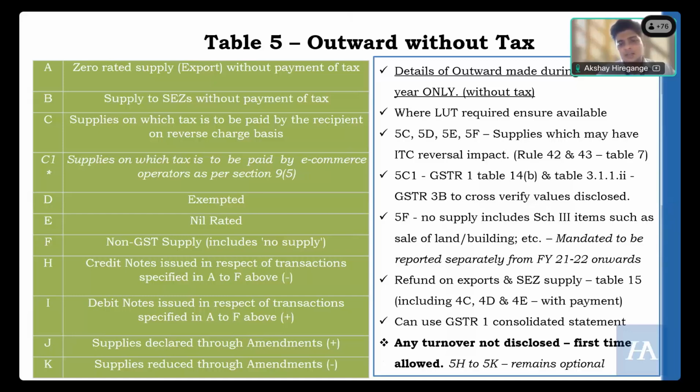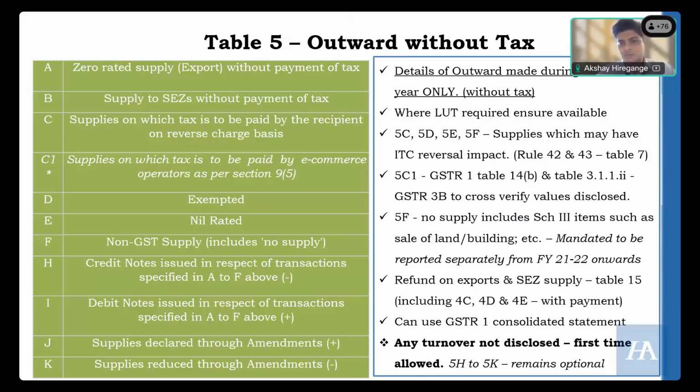So this includes those goods which are kept outside the purview of GST, such as alcohol, therefore, if you are including these transactions, you need to be careful when you're doing your 5N versus table 17 HSN reconciliation.